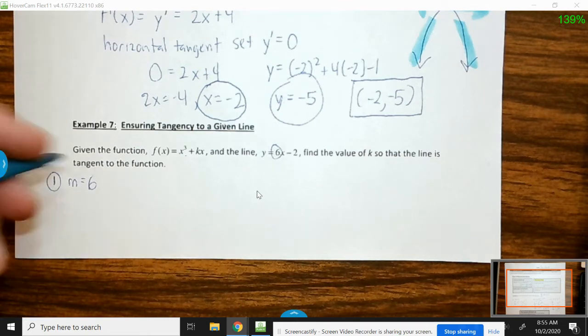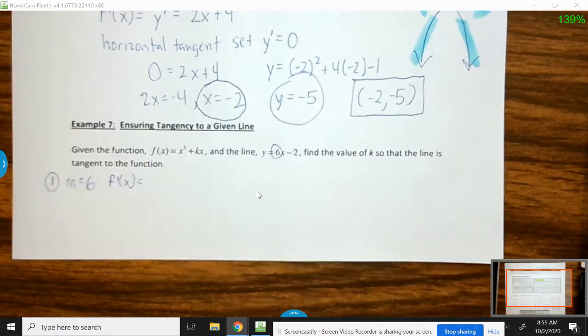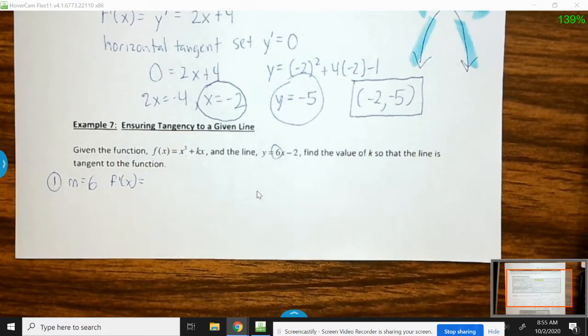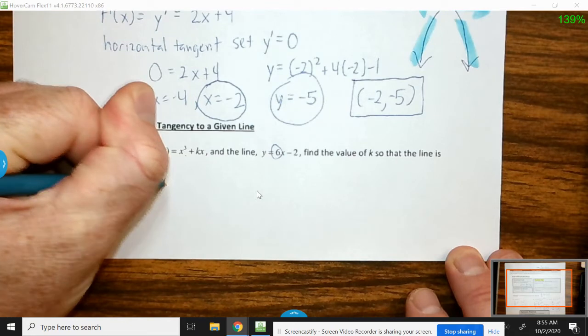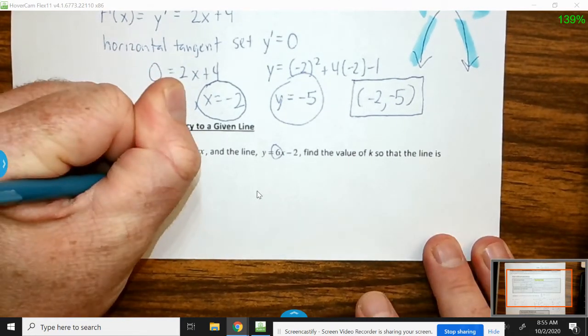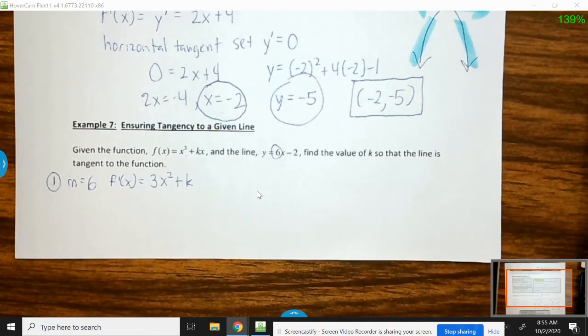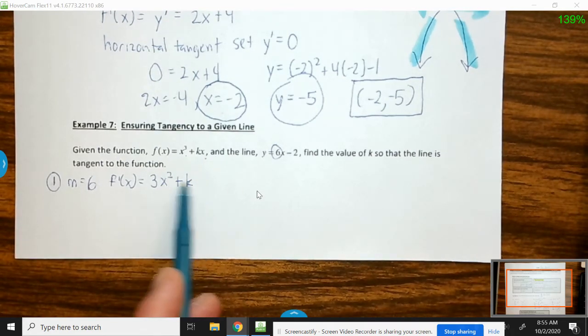Now, I also can think about slope in terms of the derivative of that function. According to the derivative of f of x, the derivative of x cubed is 3x squared. The derivative of kx, which sounds weird, is simply k, since the derivative of x is 1, so it's really k times 1 or k.